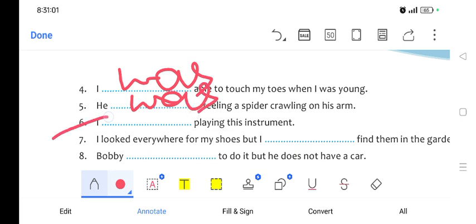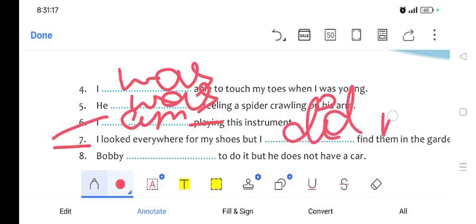Next, with I, the helping verb has ing, so we will put here I am playing this instrument. Seventh one, I looked everywhere for my shoes, but I didn't find them in the garden. Next one, Bobby has to do it, but he doesn't have a car.